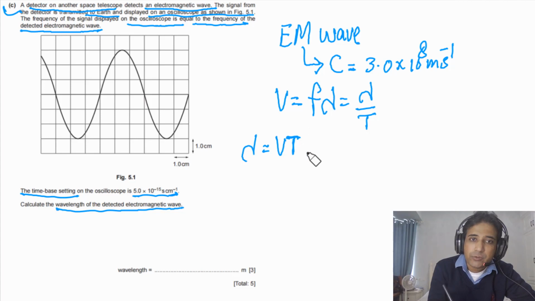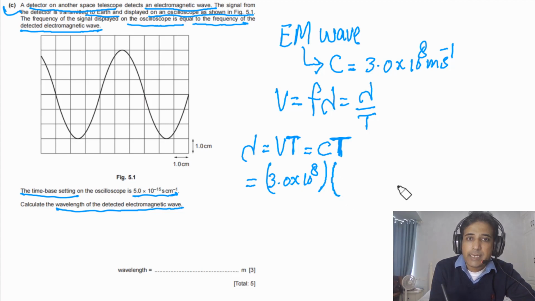So simply we can say this is c times T, and this T is the time period. If we have the value of time period, we can find the value of lambda, and the value of c is 3.0 times 10 to 8 meters per second. So we just need the value of time period.